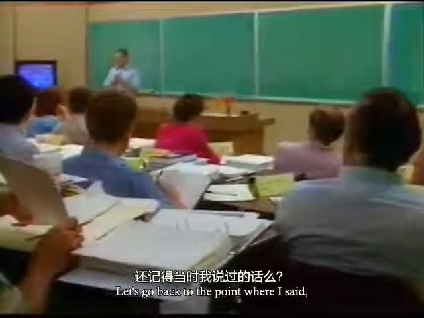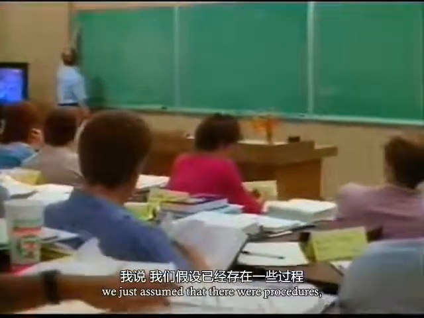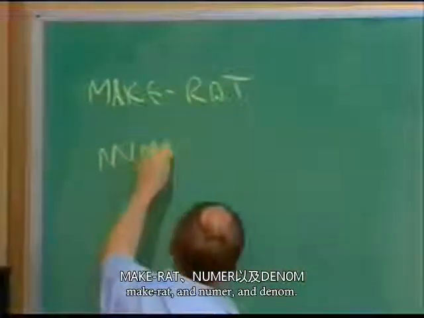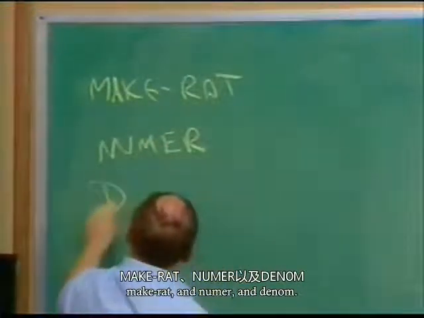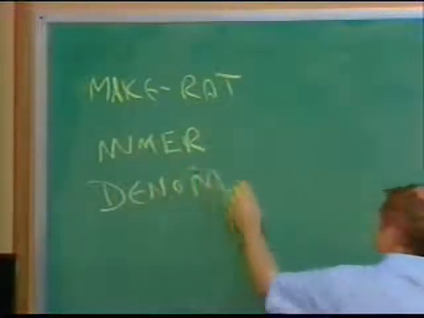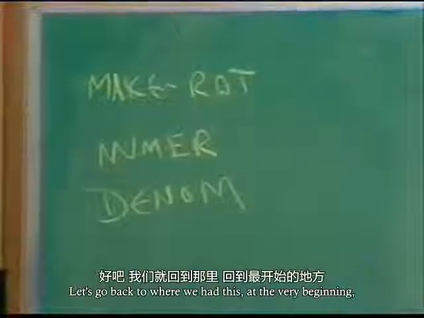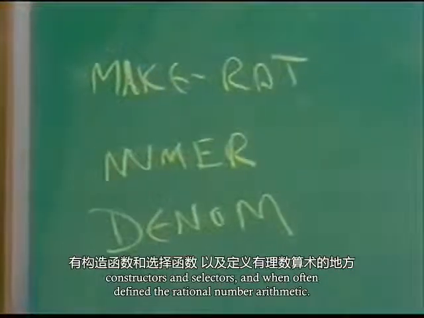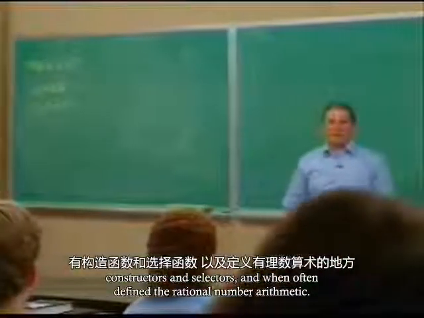But let's go back to almost the very beginning. Let's go back to the point where I said we just assumed that there were procedures makerat and numer and denom. Let's go back to where we had those at the very beginning, constructors and selectors, and went off and defined the rational number arithmetic.